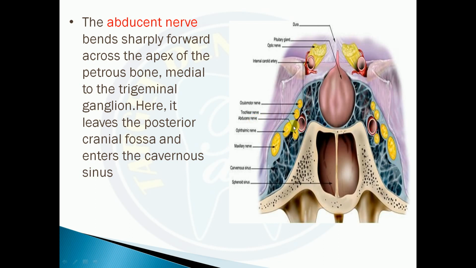It is the nerve which bends sharply forward across the apex of the petrous bone medially, and finally it enters into the cavernous sinus.